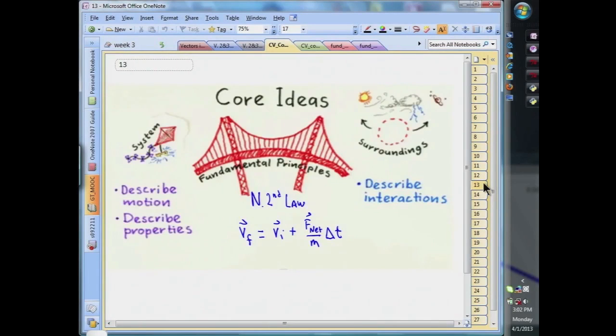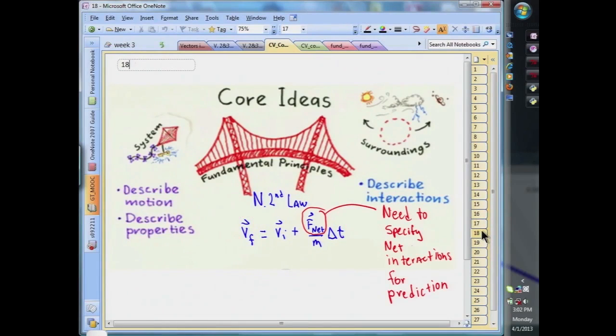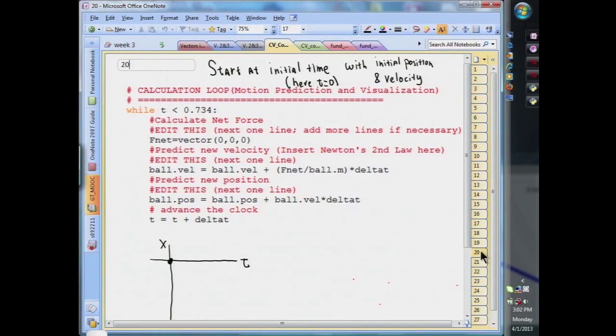Before we do that, let's remember that the model implements our fundamental principle here, Newton's second law, where beginning from initial conditions and knowing the system mass, we can look a short time into the future, and we can predict the new velocity as well as the new position. But to make that all work, we need to specify the total interactions, which in this case, we make the assumption that they are 0. This is exactly what the code is doing.